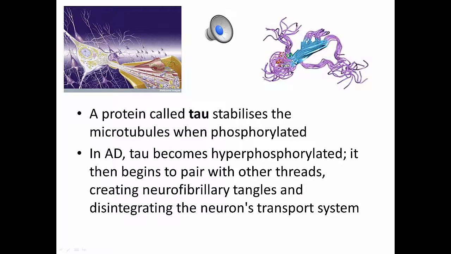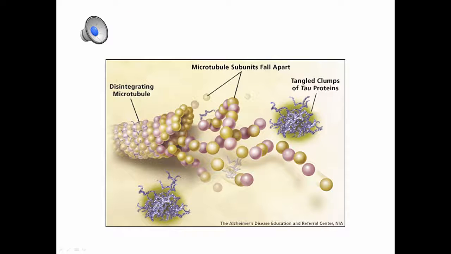A protein called tau stabilizes the microtubules when it's phosphorylated. In Alzheimer's disease, tau becomes hyperphosphorylated. It then begins to pair with other threads, creating neurofibrillary tangles and disintegrating the neuron's transport system. The process is illustrated in this drawing, where when tau forms tangled clumps, the microtubule subunits start to fall apart.